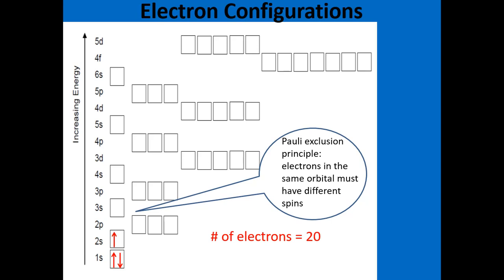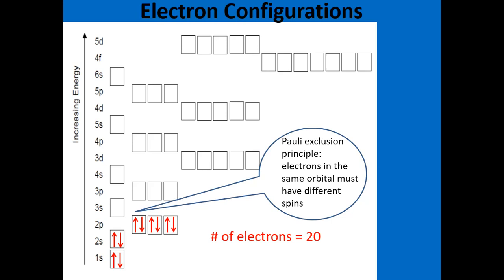In the 2s we have 1 electron up and 1 electron down. And then in the 2p we have 1 up arrow. It fills one at a time, so the second box has 1 electron, and the third electron in the 2p comes in in the third box. And then you pair, so you go down in the first box, down in the second box, and down in the third box.